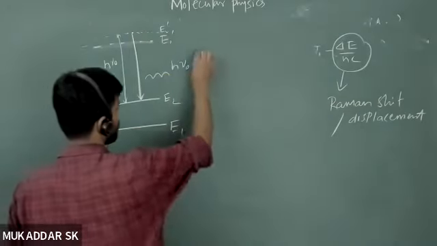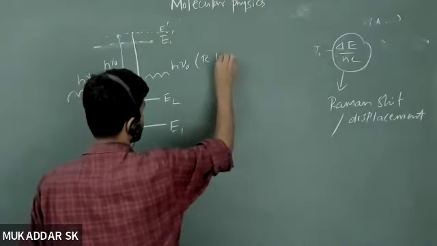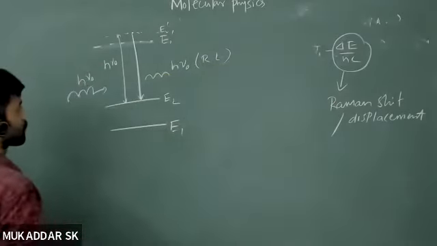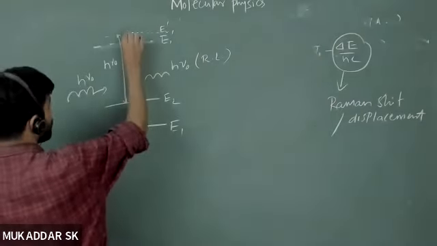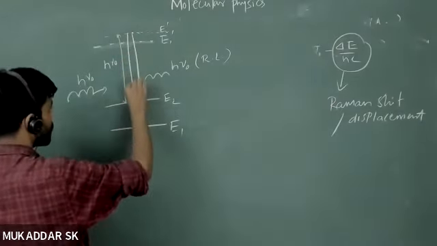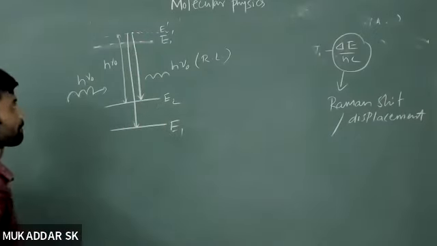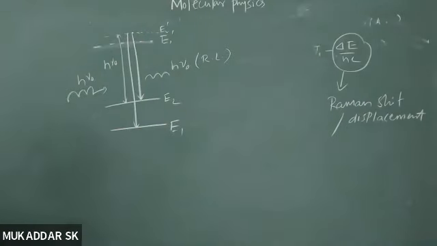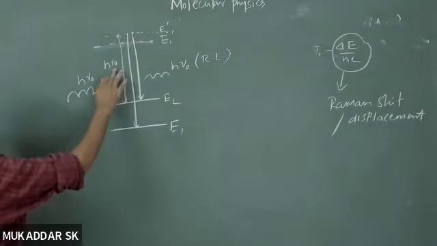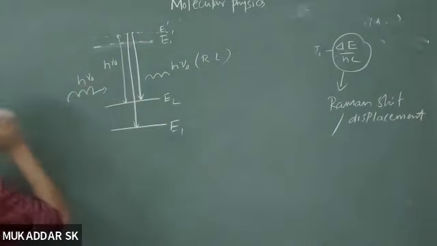So this is actually your Rayleigh line. It can also jump from E2 dash to E1. The energy difference between E2 and E2 dash is h nu 0, and that is actually the energy of your incoming photon. It is the difference between E2 and E2 dash.